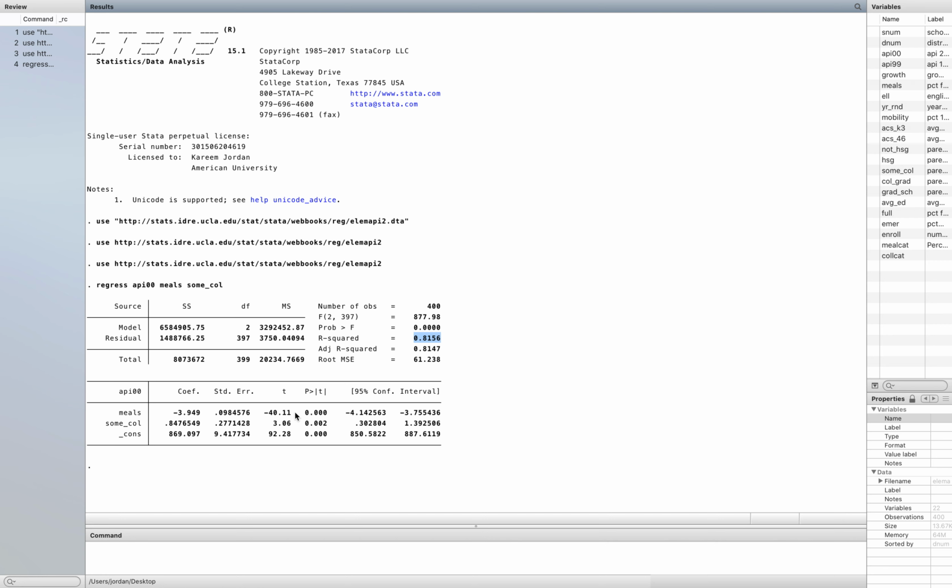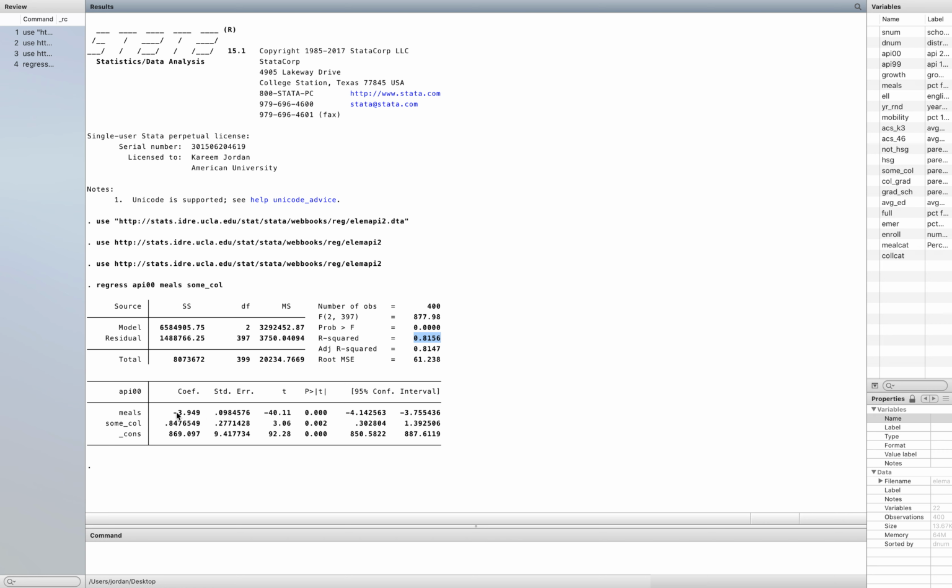You see the t-value, and you see that the significance is less than 0.05. So what that's telling you is for every unit increase in the percent of students on free meals, the academic performance index for the year 2000 decreases by 3.949 points.